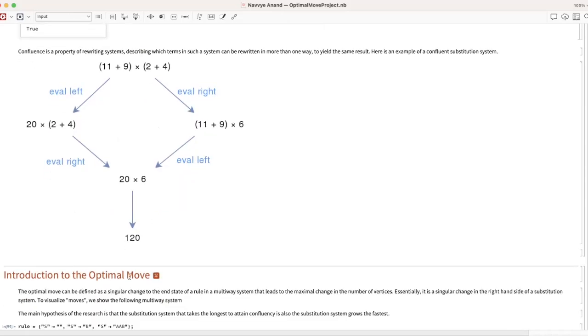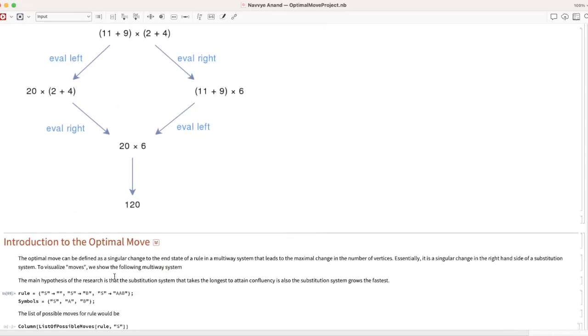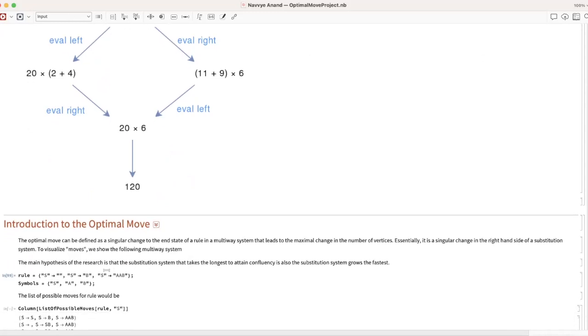And that brings us to the optimal move for a multi-way system. The optimal move in multi-way systems is defined as a singular change to the end state of a rule in a multi-way system that leads to the maximal change in the number of vertices. Now again, this sounds quite scary, but let me demonstrate what this means.